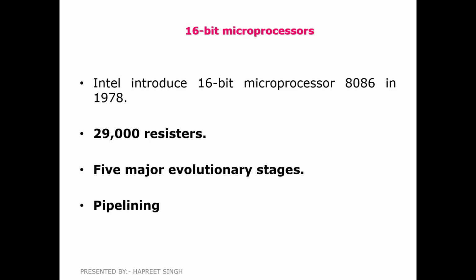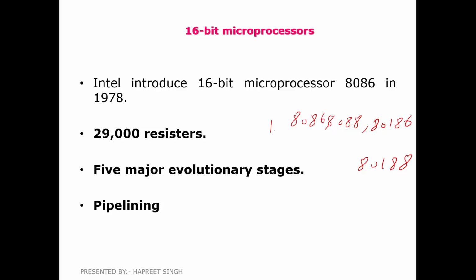In these 5 major evolution stages, the first generation is 8086, 8088, 80186, 80188, and these all are the variants of the first generation of the 8086 family.